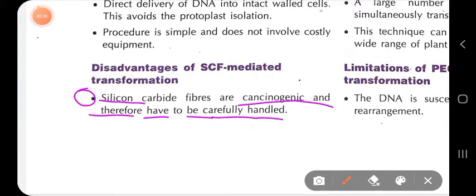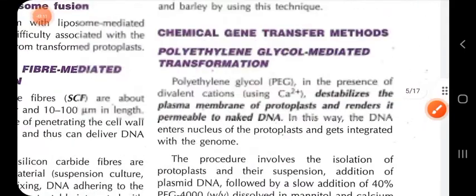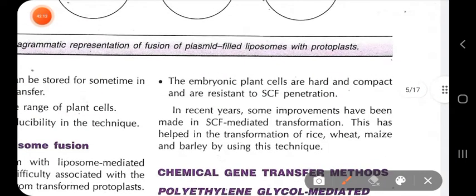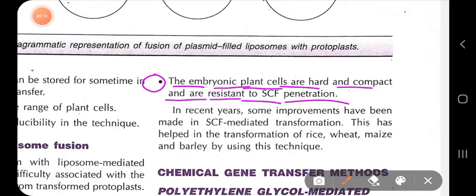So silicon carbide fiber can penetrate into the cell wall, it can penetrate into the plasma membrane. It can cause mechanical injury, okay, but they are also carcinogenic, a cancer causing agent. So it has to be handled carefully. And second, the embryonic plant cells are hard and compact and are resistant to silicon carbide fiber penetration.